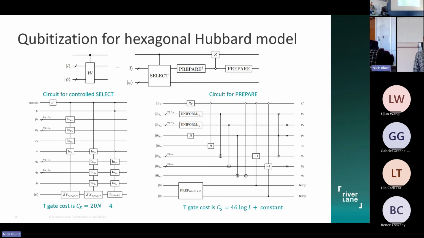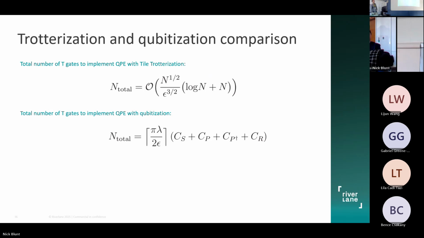And the main results are that implementing select is order n, implementing prepare is order log L. So this is an L by L lattice. So this is also log n. And so asymptotically, the cost of select is dominant here.